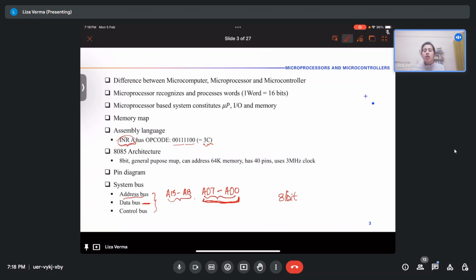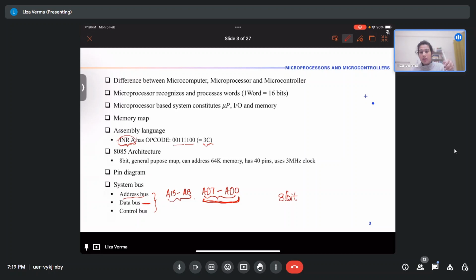If some instruction is to be implemented, the control bus will tell the microprocessor to get to the memory whose address is stored in the program counter.